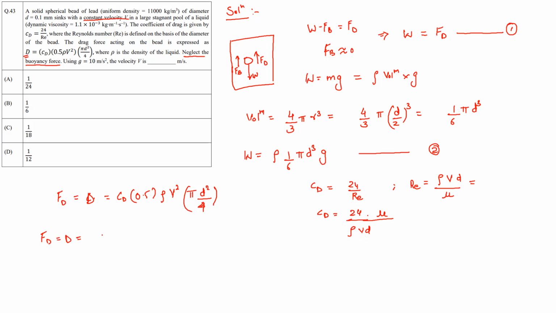Fd, or D, is nothing but 24 times mu over rho V D, and we have 0.5 rho V square pi D square over 4. Let's call this equation 3.